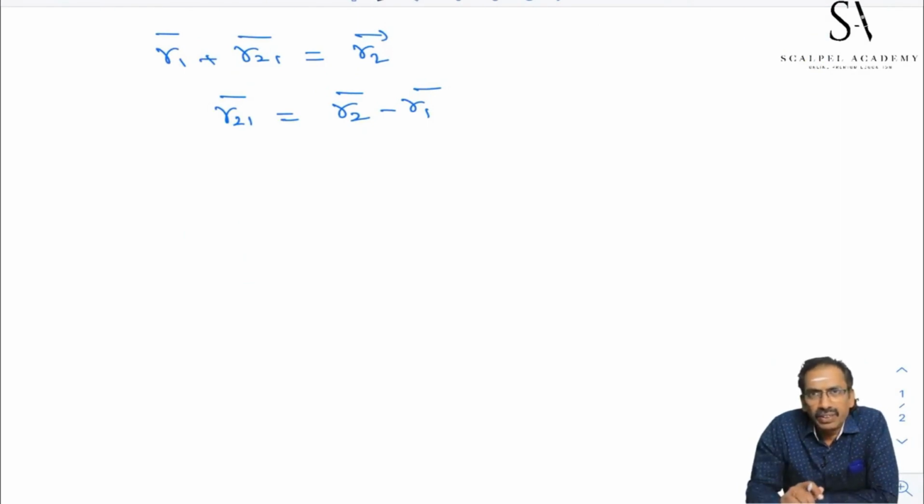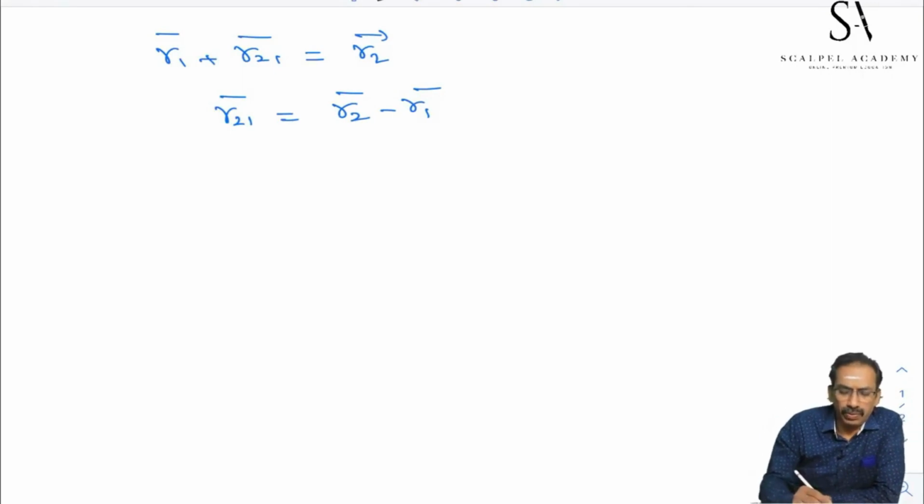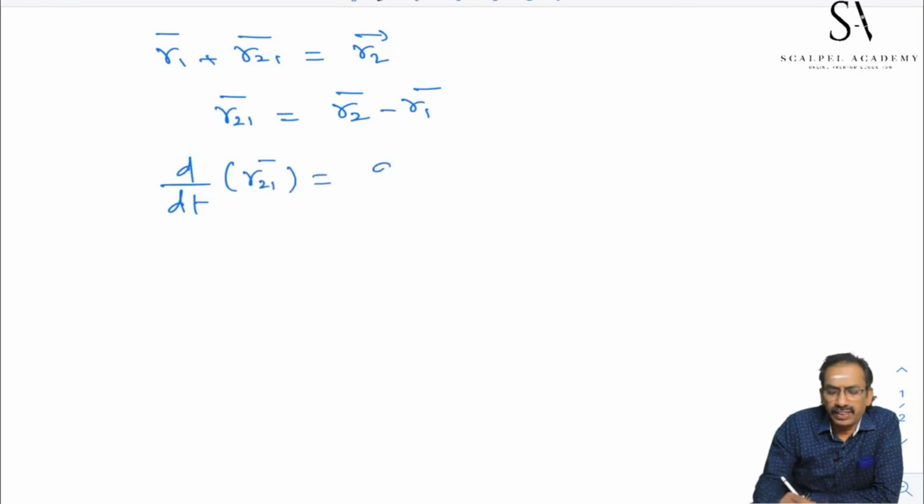Rate of change of position or rate of change of displacement is called relative velocity. Now, let us differentiate both sides: differentiation of R2 vector minus differentiation of R1 vector.